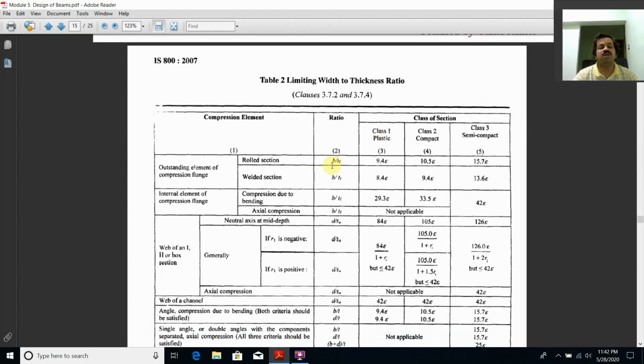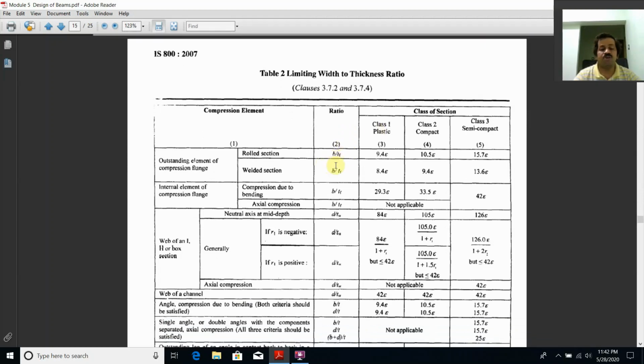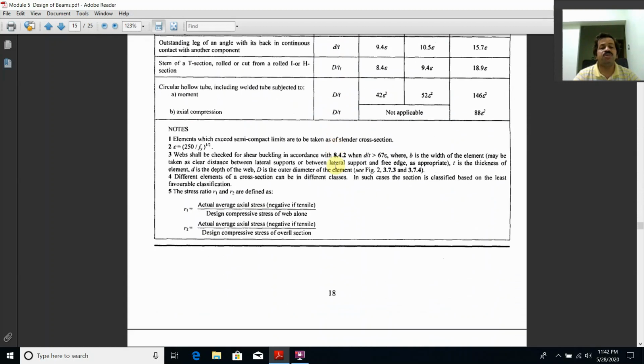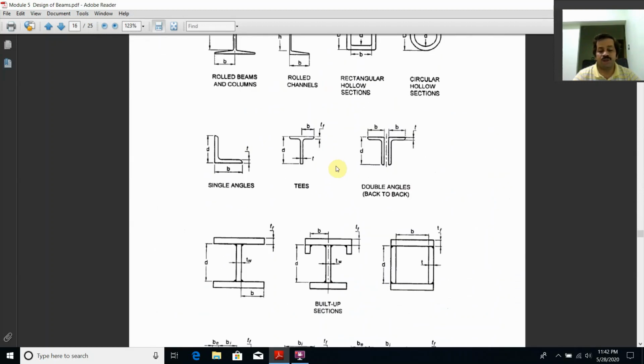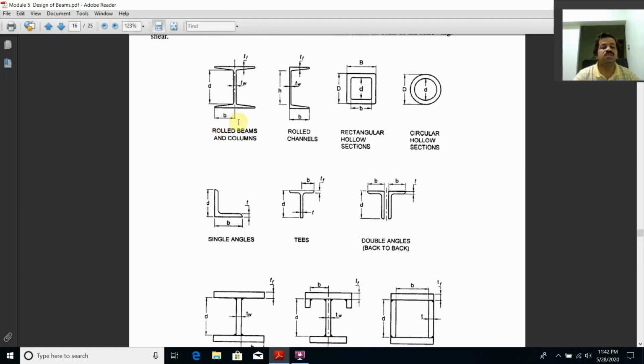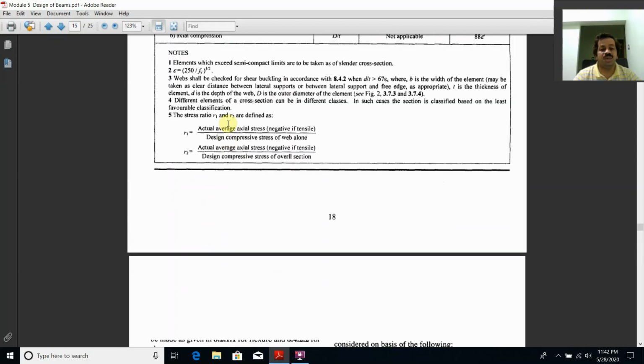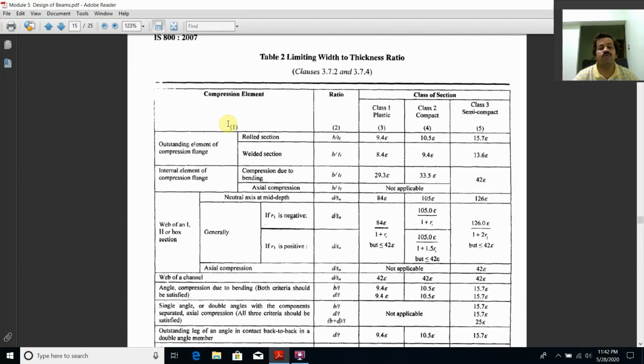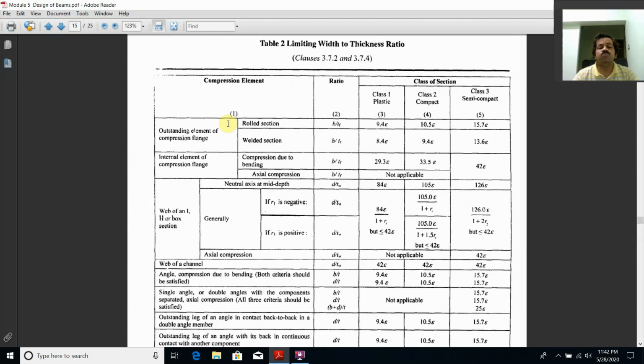Hence, B by T_F. B is called the outstand of an I section. So I have taken ISMB 400. For ISMB 400, the breadth of flange is 140, and this is B. Hence 140 by 2 is 70 mm. 70 by T_F: if it is less than 9.4, then it's called plastic. And if it is more than 9.4, then it's called compact.